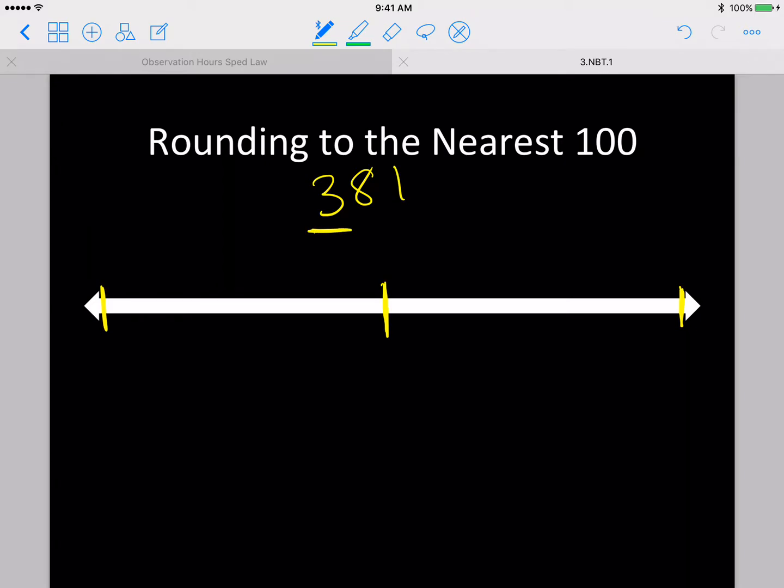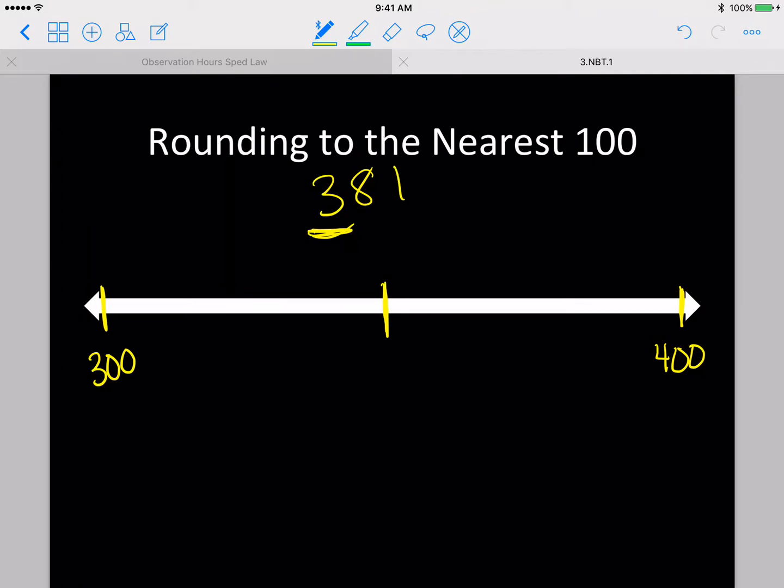That's the 100 before 381, so that's just going to be 300. We're skip counting by 100s. 100, 200, 300, and then our other endpoint is going to be the 100 that comes next. So that would be 400 if I'm skip counting. 100, 200, 300, 400.